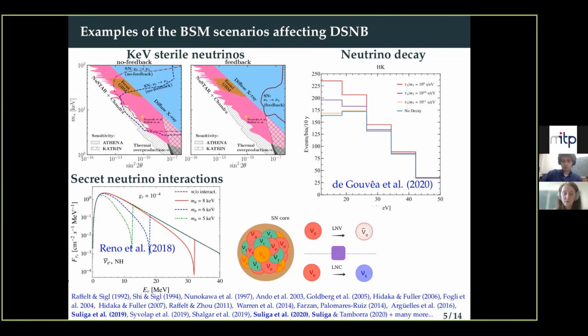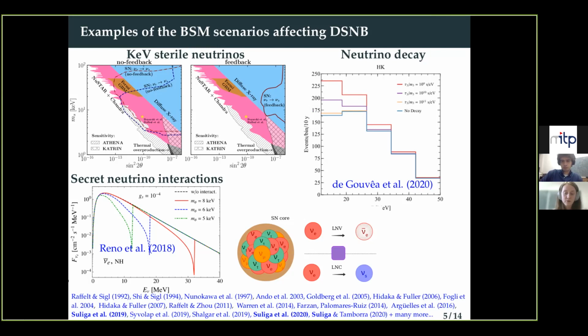But we can also imagine that some non-standard scenarios will also affect neutrinos that are already formed as they travel towards the Earth. For example, neutrino decay or some secret neutrino interactions of DSNB neutrinos with other backgrounds, like the cosmic relic neutrino background.